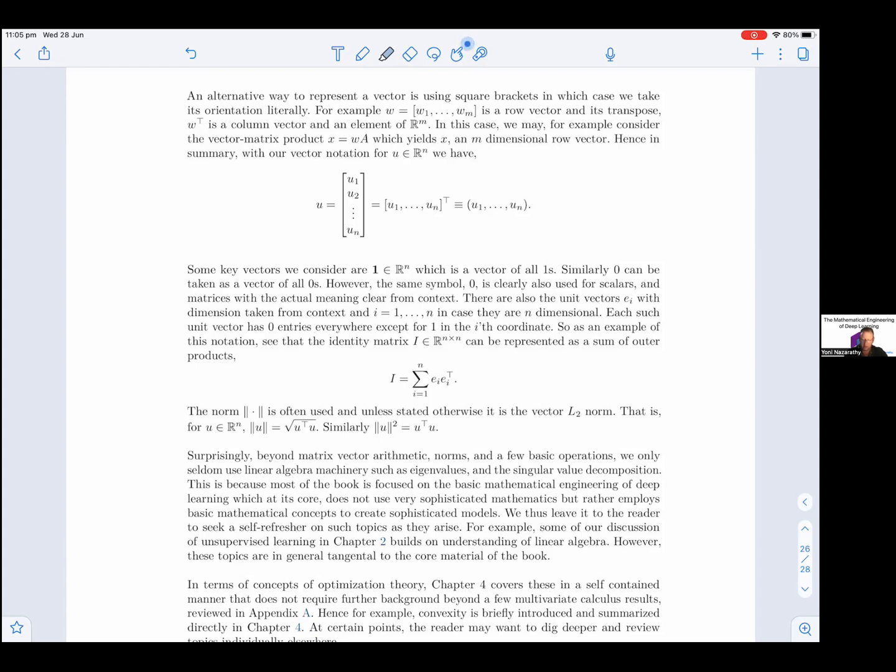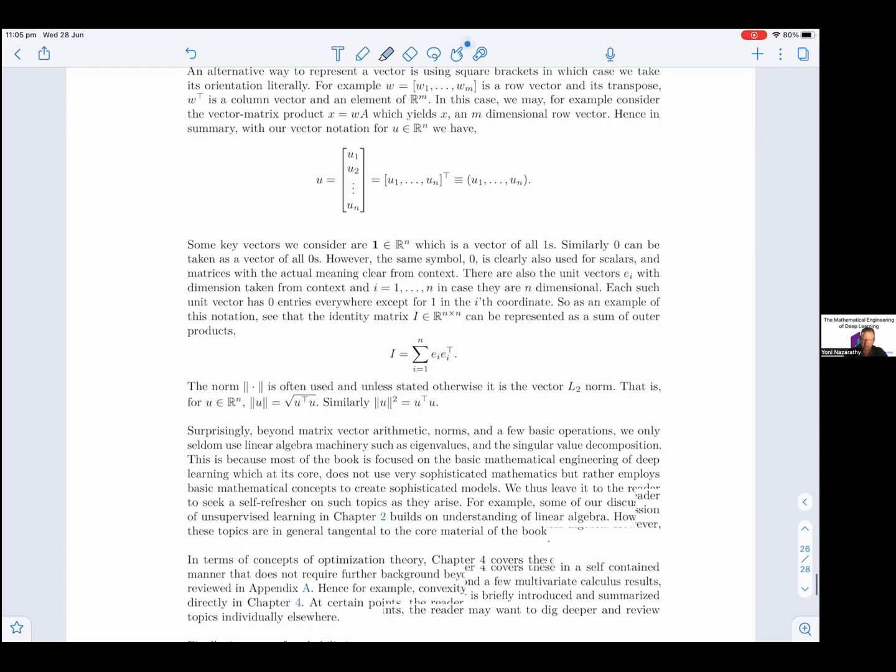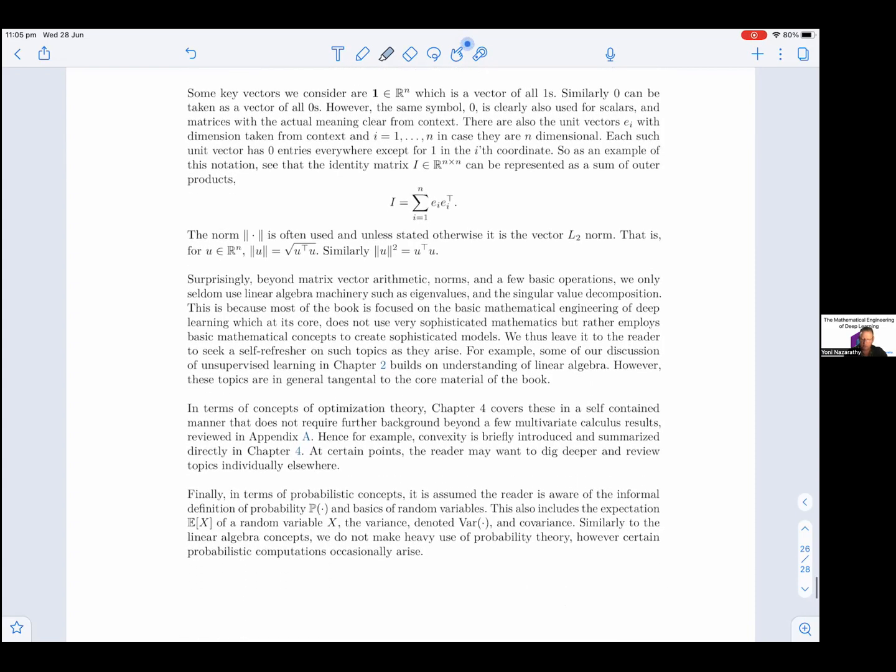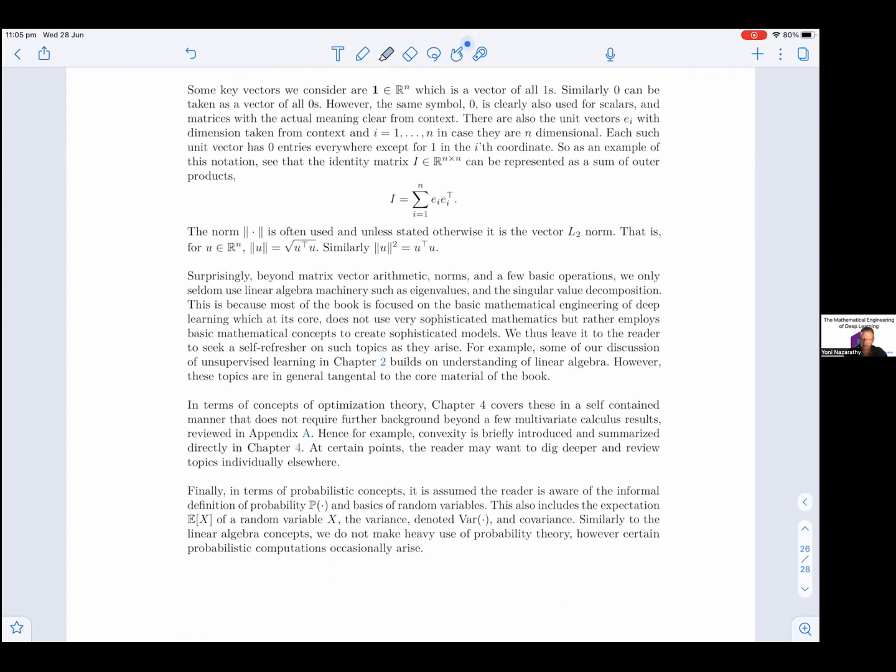Some key vectors we consider are the bold 1 in R^n, which is a vector of all ones. Similarly, 0 can be taken as a vector of all zeros. However, the same symbol 0 is clearly also used for scalars and matrices, with the actual meaning clear from context. There are also unit vectors, e_i, with dimension taken from context, and i being 1 to n, in case they are n-dimensional.